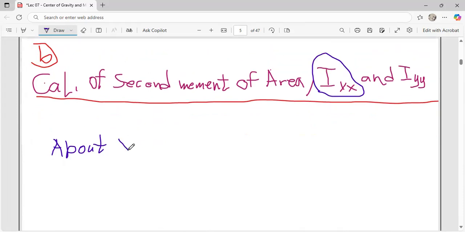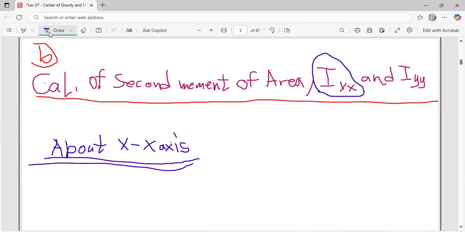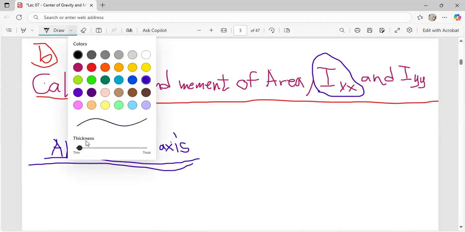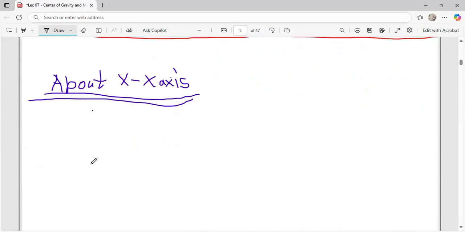That is what we want to talk about first, about the XX axis. So this is the first person we want to talk about. So first of all, we have to put down the formula. And the formula for that is given as this.